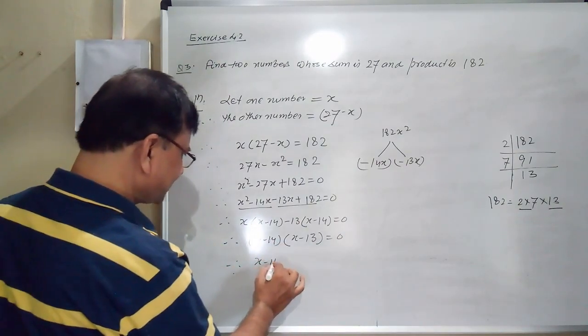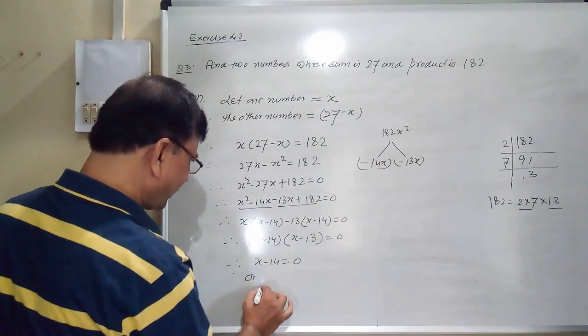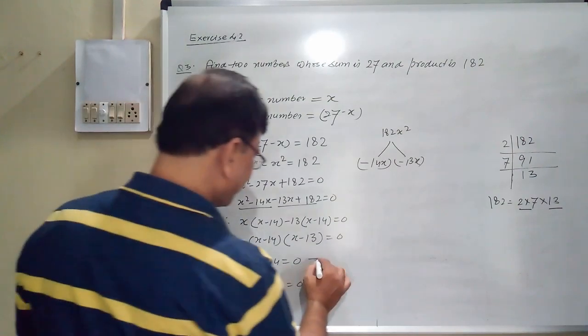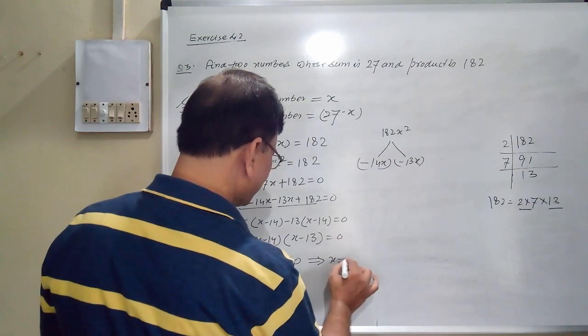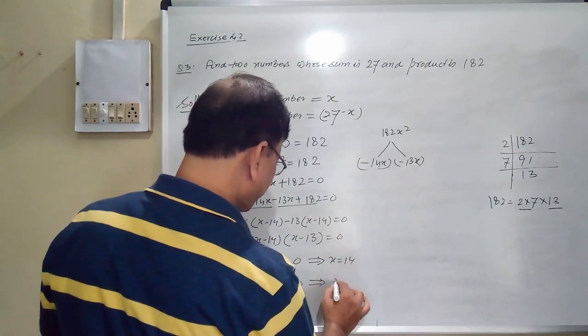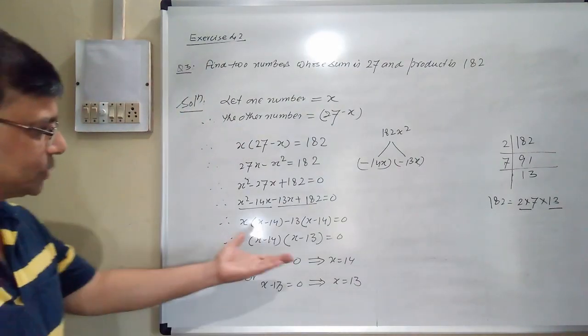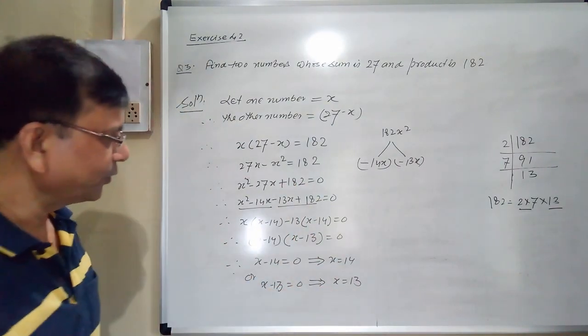Therefore, x minus 14 is equal to 0 or x minus 13 is equal to 0. If x minus 14 is 0, then x is equal to 14, and this implies x is equal to 13. So there are two numbers, one is 13, another is 14.